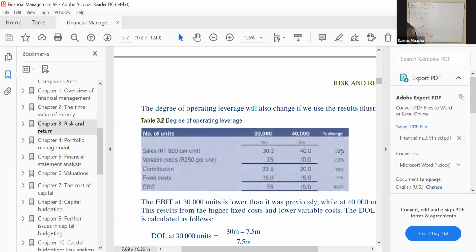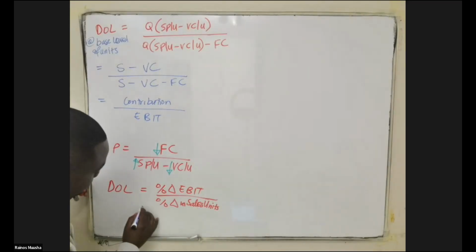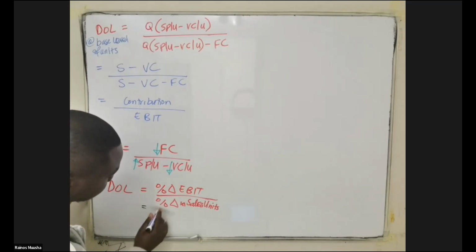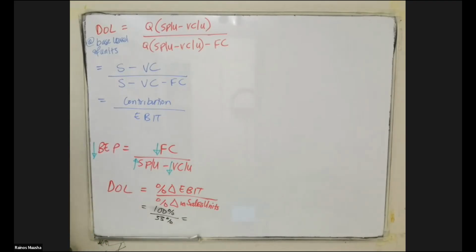Then our earnings before interest and tax increased from 7.5 million to 15 million, which is a 100% increase. So which means in this case, 100% divided by 33%. How much do you get as your degree of operating leverage?